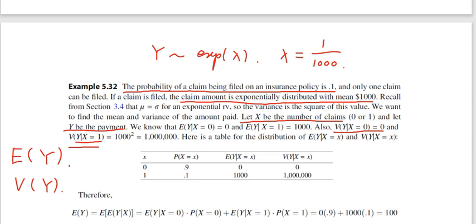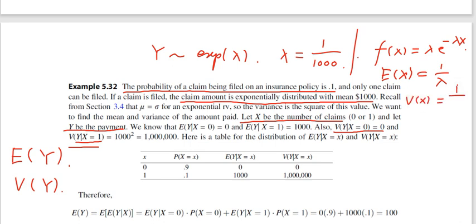So for the exponential distribution, we have this, right? Let's say the density function for the exponential distribution is lambda e to the negative lambda x. And for this random variable, E(X) is 1 over lambda, and V(X) equals 1 over lambda squared.